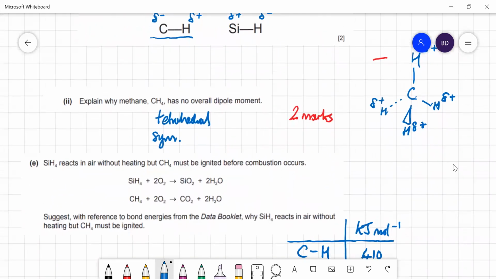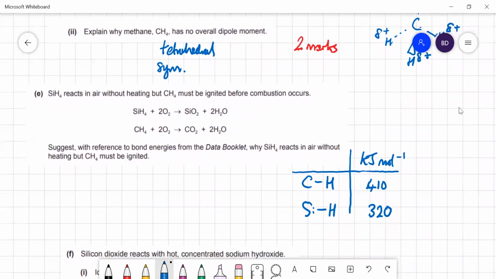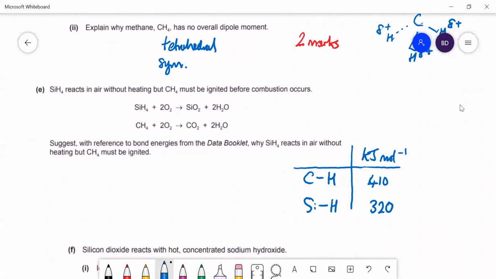Silane reacts in air without heating, but CH4 must be ignited before the combustion occurs. Suggest with reference to bond energies from the data booklet why SiH4 reacts without heating, but CH4 must be ignited. Well, if you look at the bond enthalpy values from the data book, the carbon-hydrogen bond is stronger.